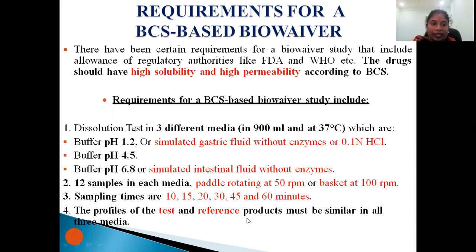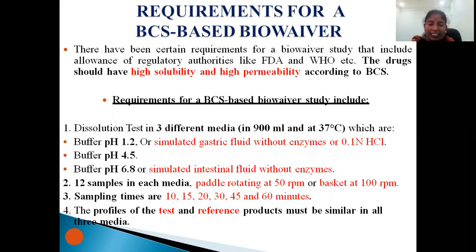You already know our stomach has a pH of 1.2, so for our gastric fluid, we use 0.1 N HCl, and pH 4.5 and pH 6.8 for simulated intestinal fluid without enzymes. And 12 samples we have to take for each medium.